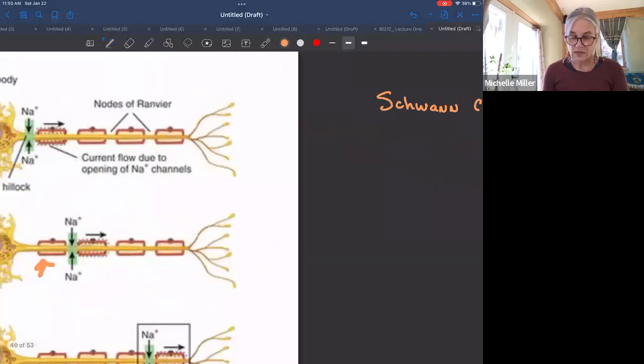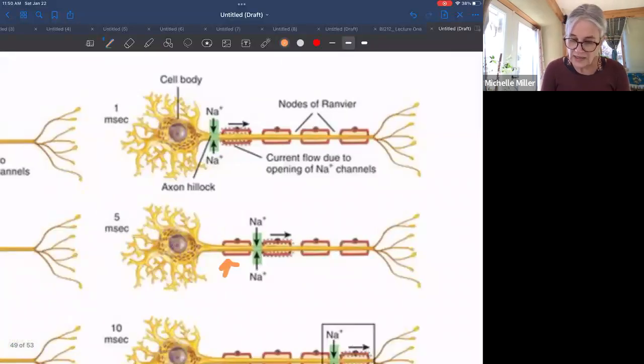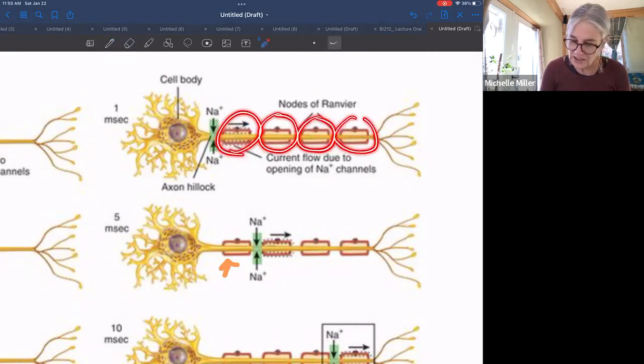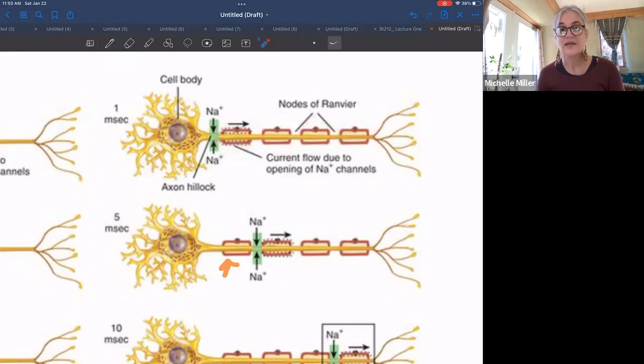Okay, so these Schwann cells are shown right here. And you'll notice that there are spaces between the Schwann cells. Now the Schwann cells are actually named after a person, as are the spaces. So the spaces are called nodes of Ranvier.